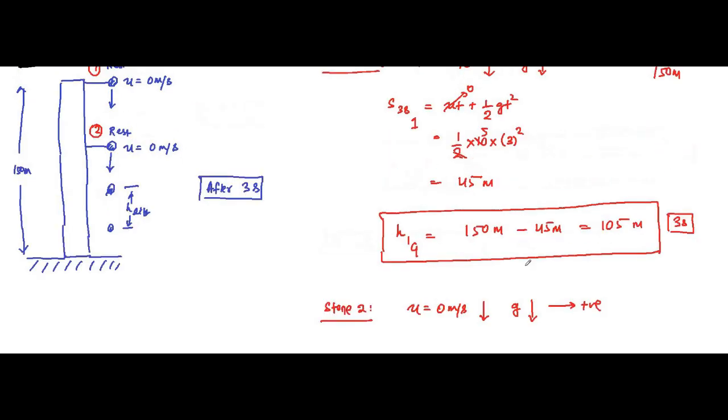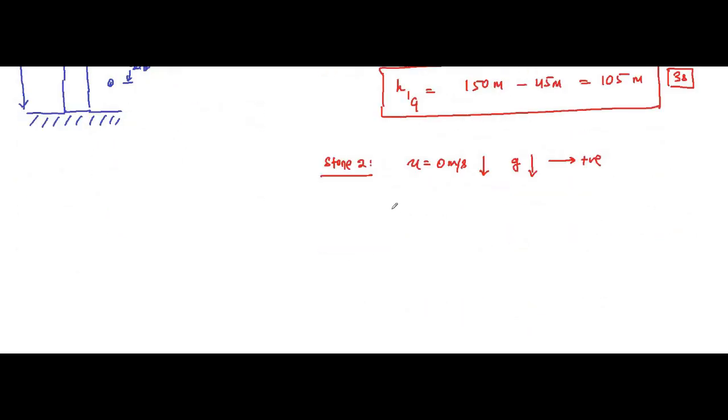Distance traveled by the second stone in 3 seconds, same, ut plus half g t squared. u is 0, so this will be 0, it will be half into g, here we have to take g as 10, into 3 squared, same thing, 45 meters.